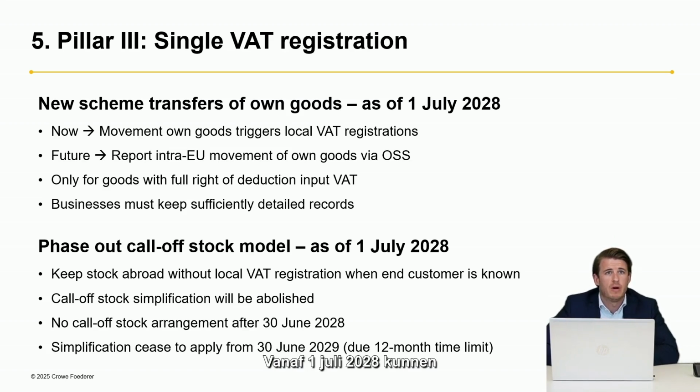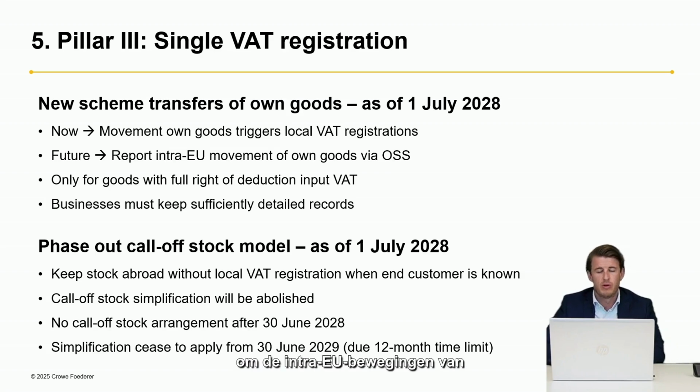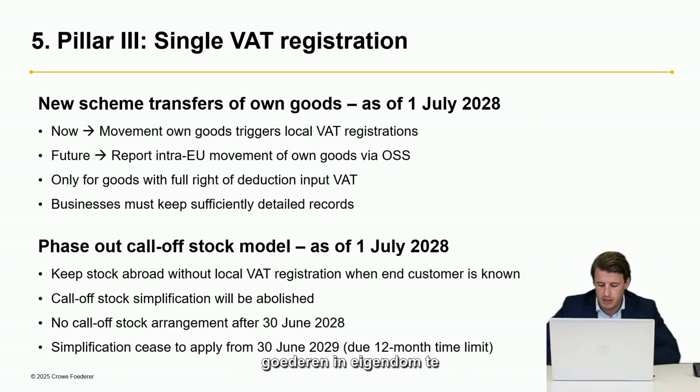However, from 1 July 2028, a business may choose to report the intra-EU movement of own goods in the OSS. So there is no longer a need to report the acquisition of own goods in the member state of arrival.